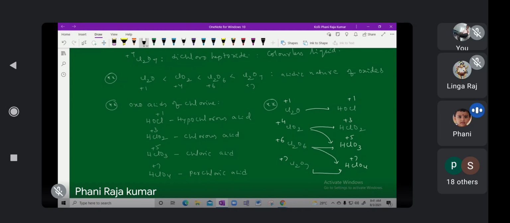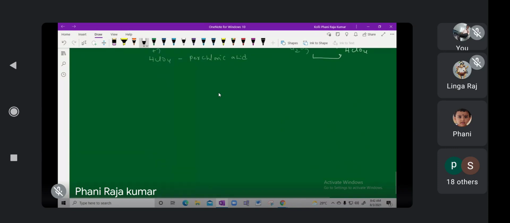So next point. Cl2O plus H2O gives HOCl.